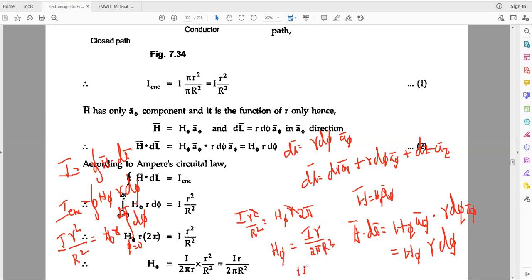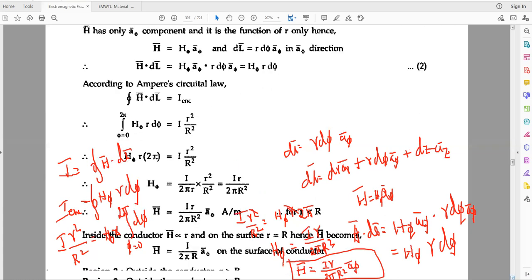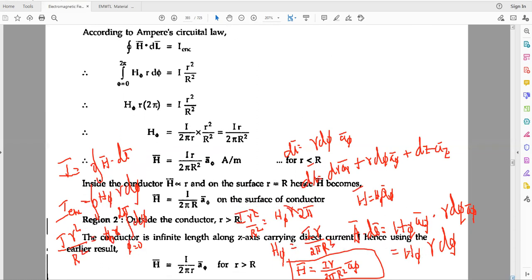Then H bar is equal to I r by 2 pi R square into a phi bar. Got it, my students? H bar is in terms of small r and capital R square, into a phi bar, ampere per meter.